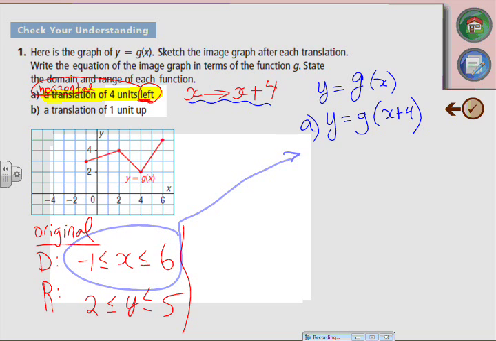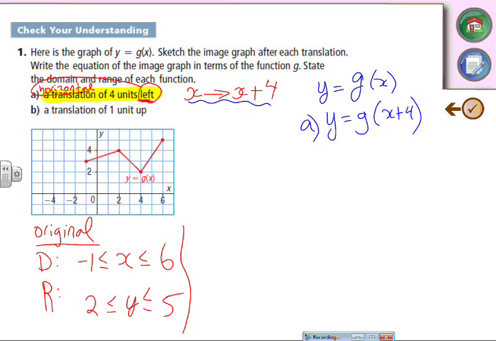So our domain at this point for this new one goes -1 is going to go 4 to the left. 1, 2, 3, 4. That's going to put us at 3. The 6 is going to go 4 to the left, 1, 2, 3, 4, which will take us to 2.